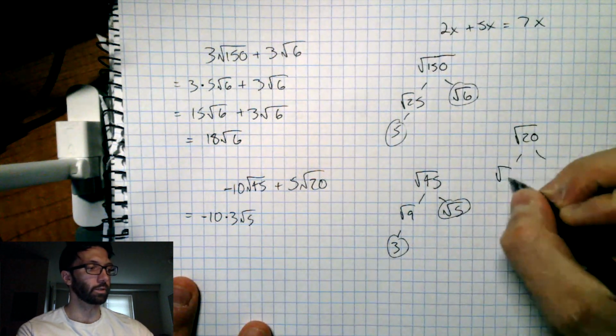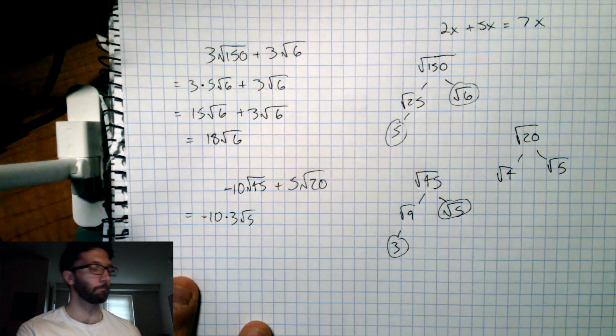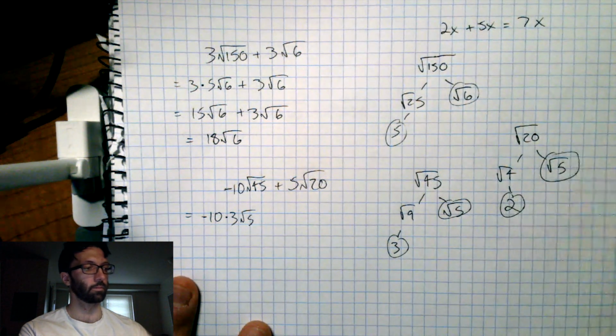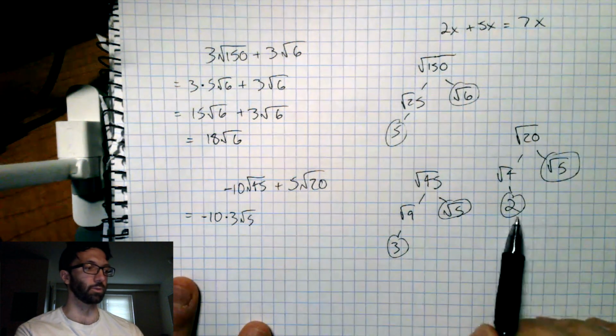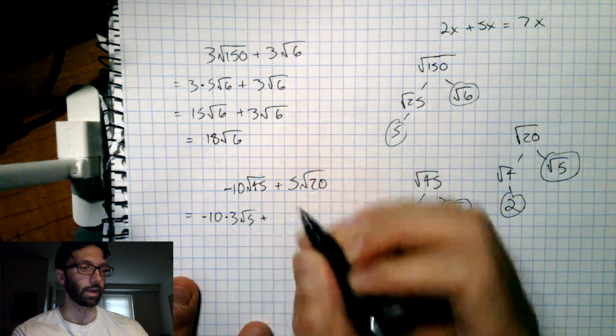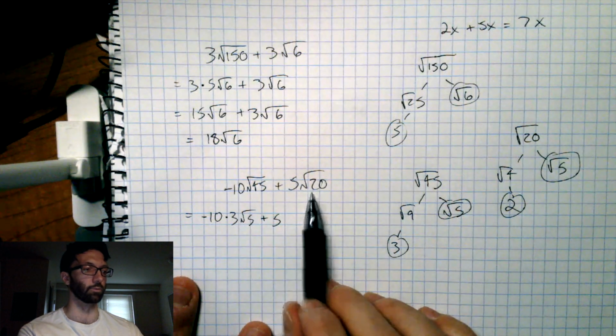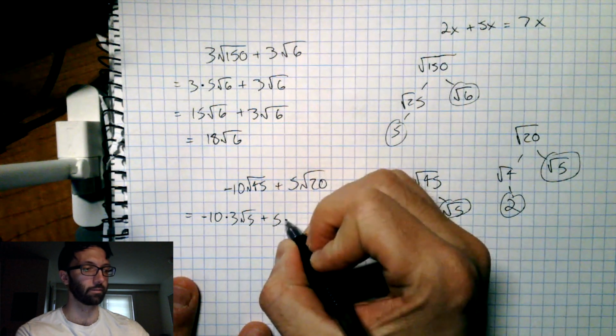So 4 is the largest perfect square that goes into 20. And the square root of 4 is just 2. So I can substitute 2 root 5 in for my root 20 here. So I'm going to add 5, and then I'm going to replace the root 20 with 2 root 5.